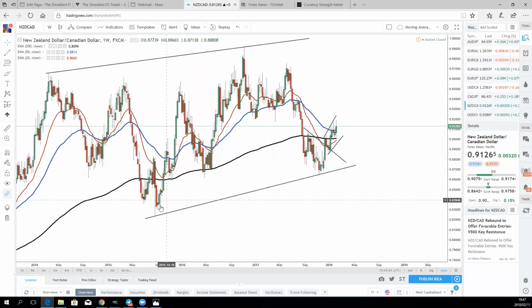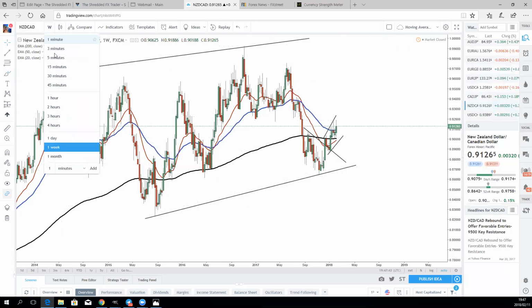Okay, New Zealand CAD, long term, nice little range here. Up to the upside, nice momentum. Pull back, momentum up. So you can see we're trading in a bit of a range, a channel, sorry.